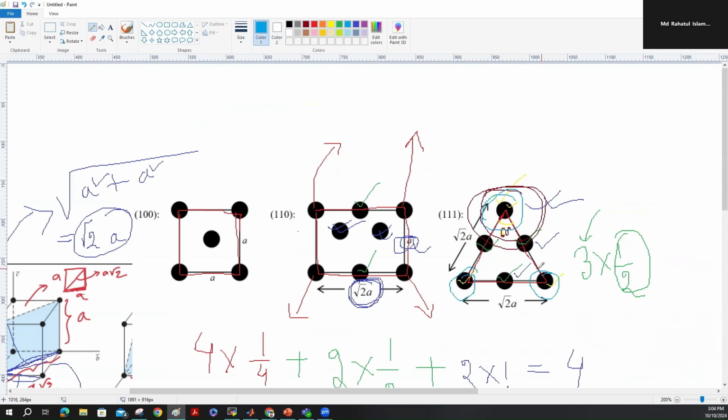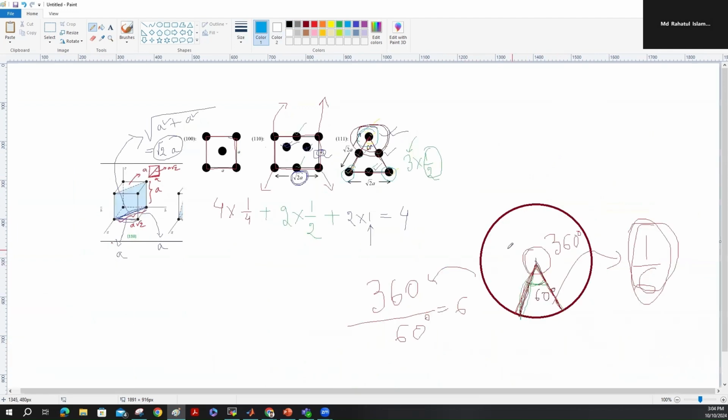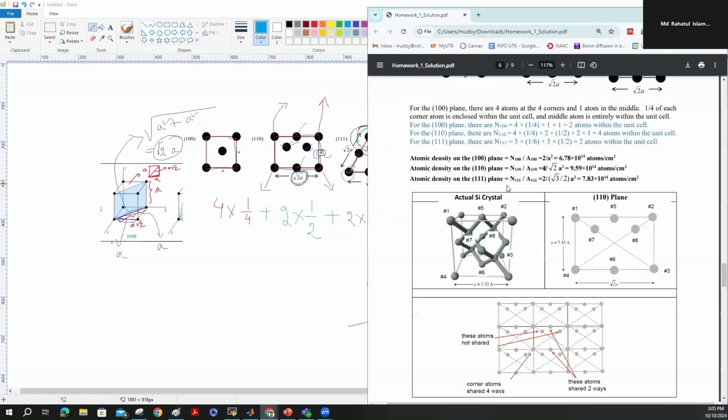We have three of these types of atoms where we get 1/6 of the atom inside the 1 1 1 plane. So let's add that, and you will get the number. Maybe it should be 2, right?